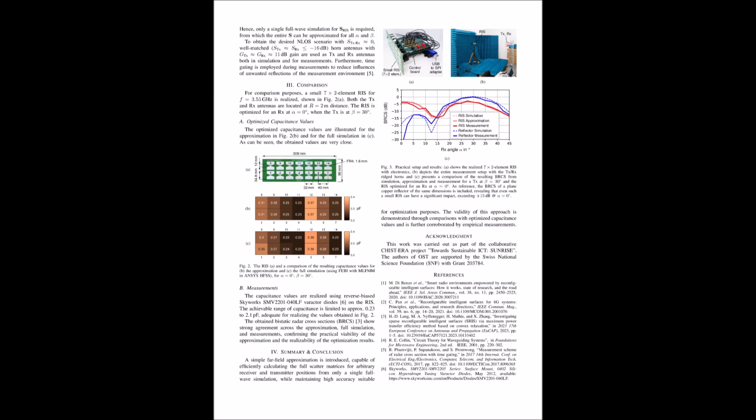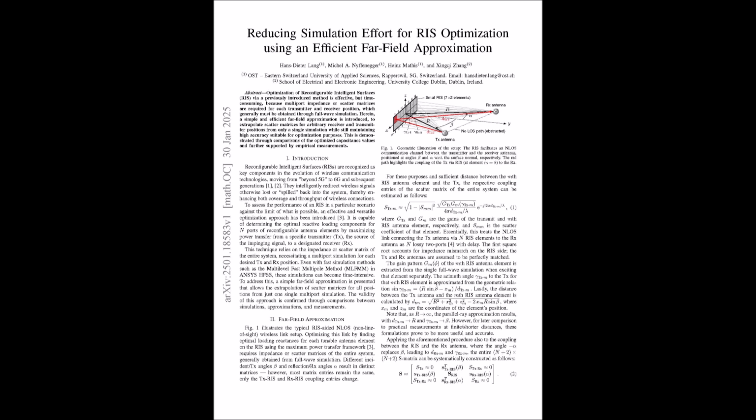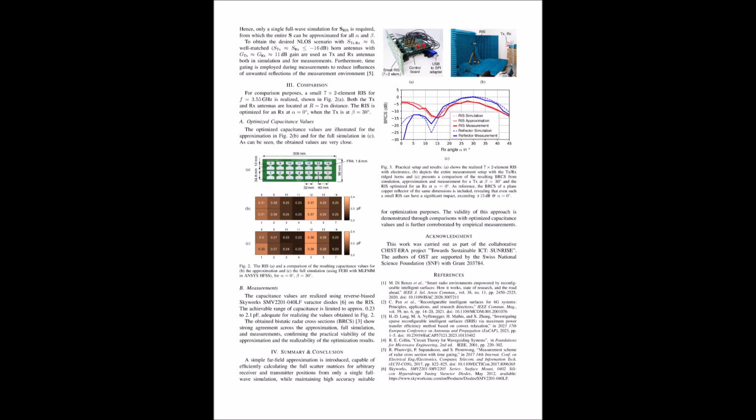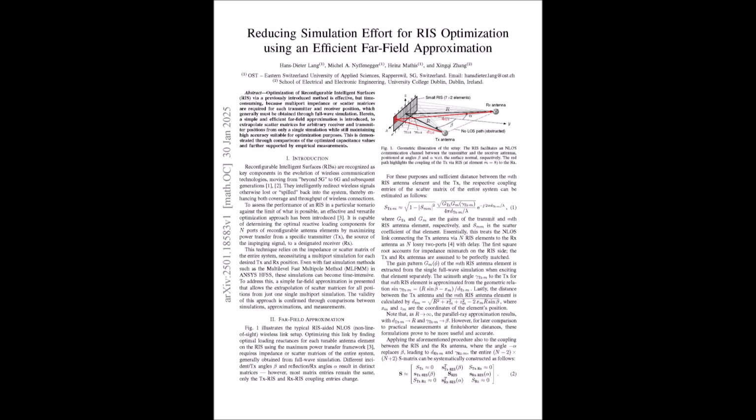So instead of relying solely on powerful cell towers to blast signals over long distances, we could have a more distributed and intelligent infrastructure with RIS surfaces acting like smart relays, guiding signals around obstacles and directly to users. Precisely. This could lead to significant improvements in coverage, speed and reliability, particularly in dense urban environments where signals often get blocked or interfered with.